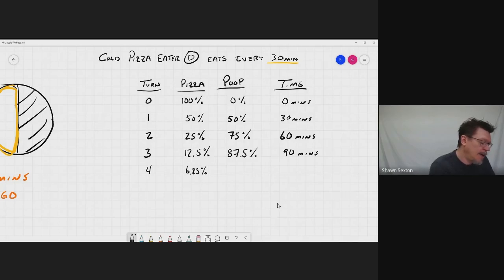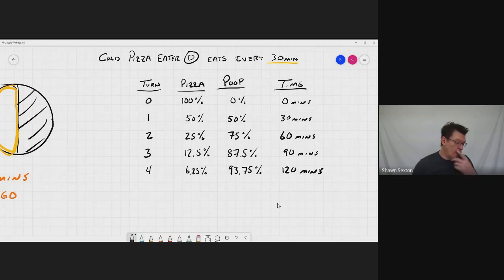So we get 93.75% poop, and that would have taken 120 minutes. Now we could keep going with this the same way we could keep going before. But again, the amount of pizza gets so small that it really just doesn't matter anymore.